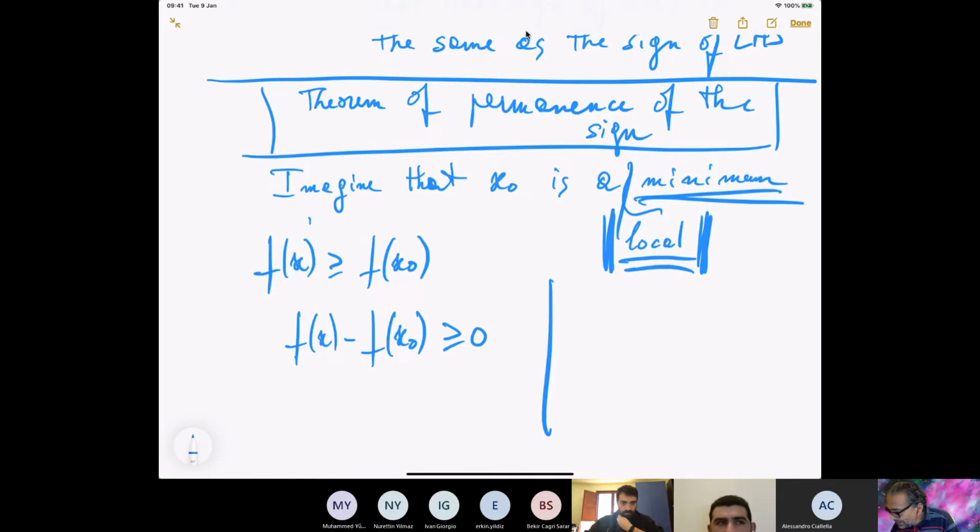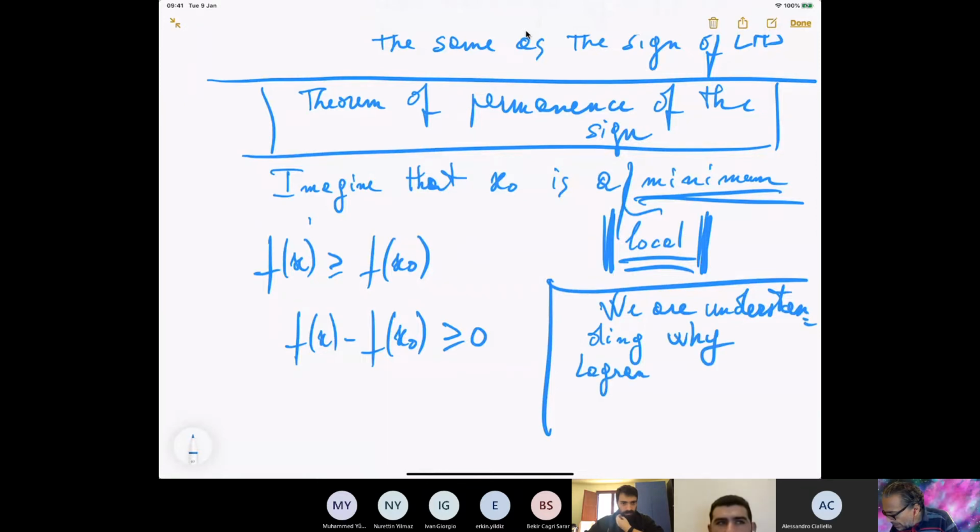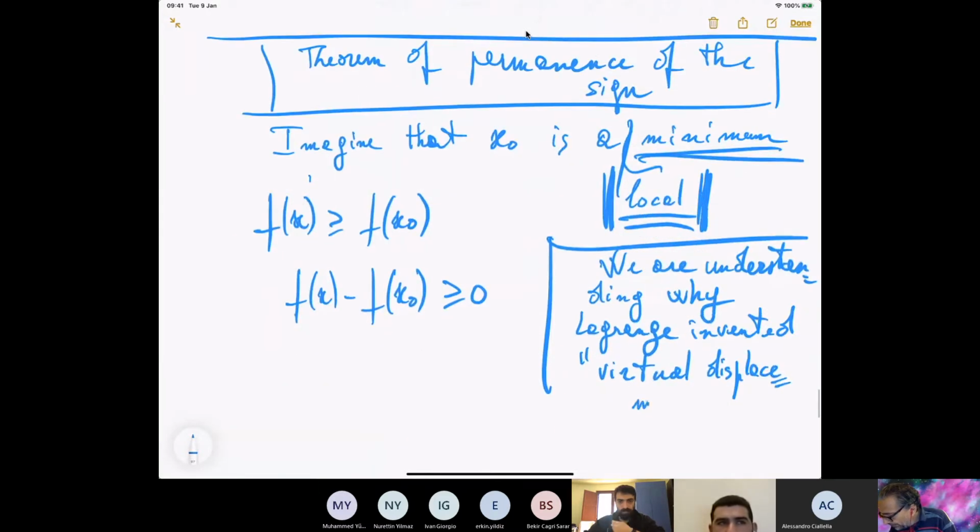Okay. Now you understand local minimum. We are understanding why virtual displacements were invented. So this reasoning is essential if you want to understand the logical source of the concept of virtual displacement.